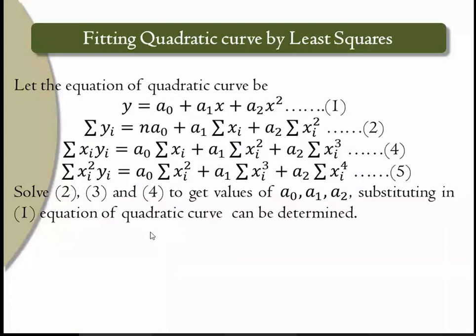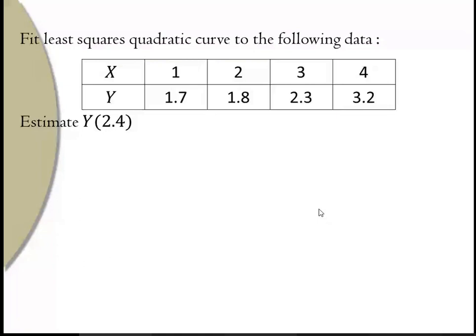Okay, I'll take a problem and we'll see how to make use of these equations to get the solution. So fit the least square quadratic curve to the following data. X is 1, 2, 3, 4, and the values of y are 1.7, 1.8, 2.3, 3.2, and estimate y at 2.4.